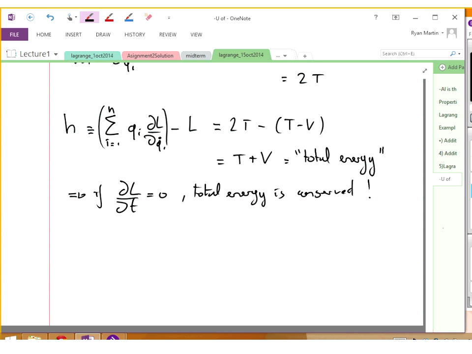So very formally, since H equals T plus V, we can write that T, which generally depends on the q dots, is equal to H, the total energy, minus V, which will typically depend only on the q's.